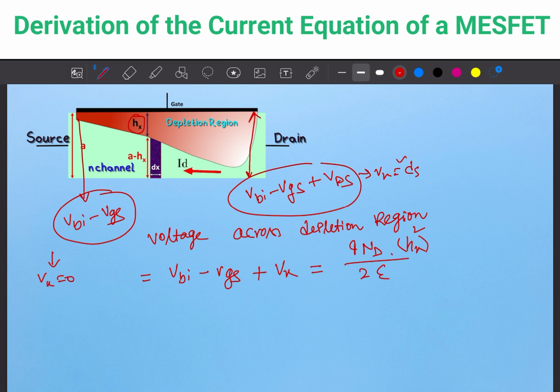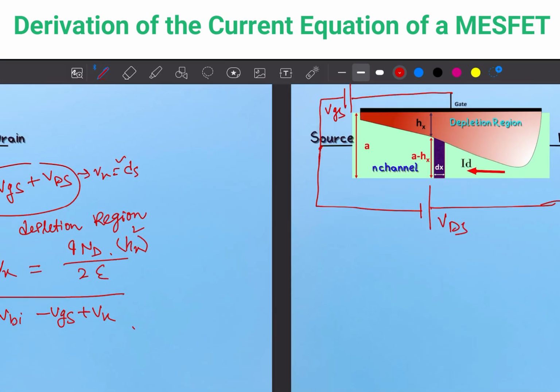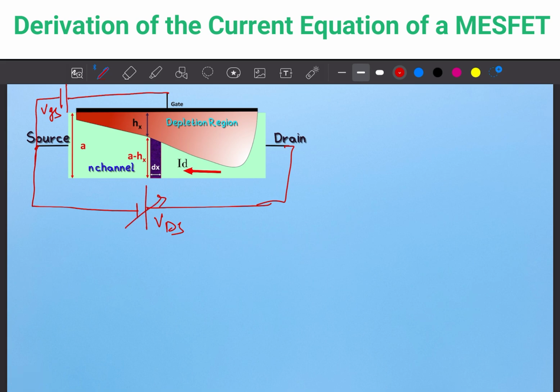So from here we can write down Hx is equal to the root of 2 epsilon by q Nd multiplied by Vbi minus VGS plus Vx. In the other case, I already told you when we increase the value of VDS, what will happen? The depletion region is increasing, right?